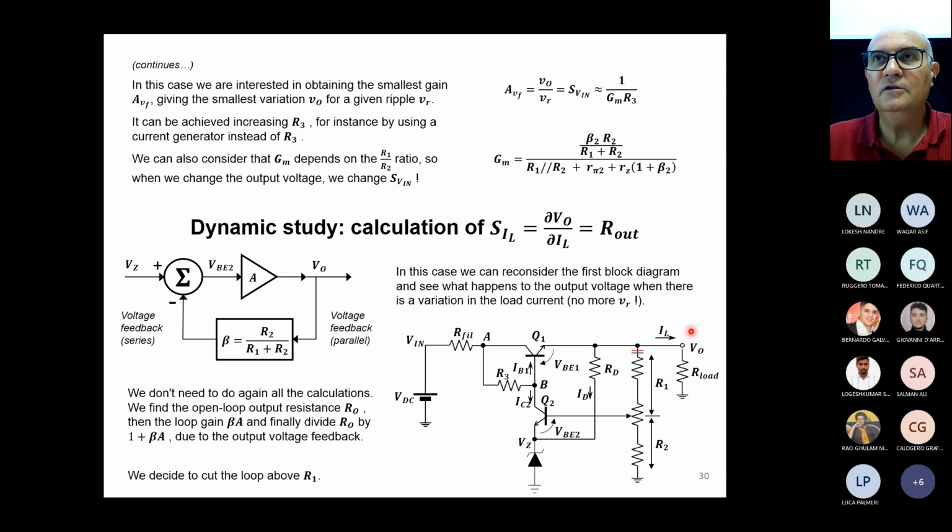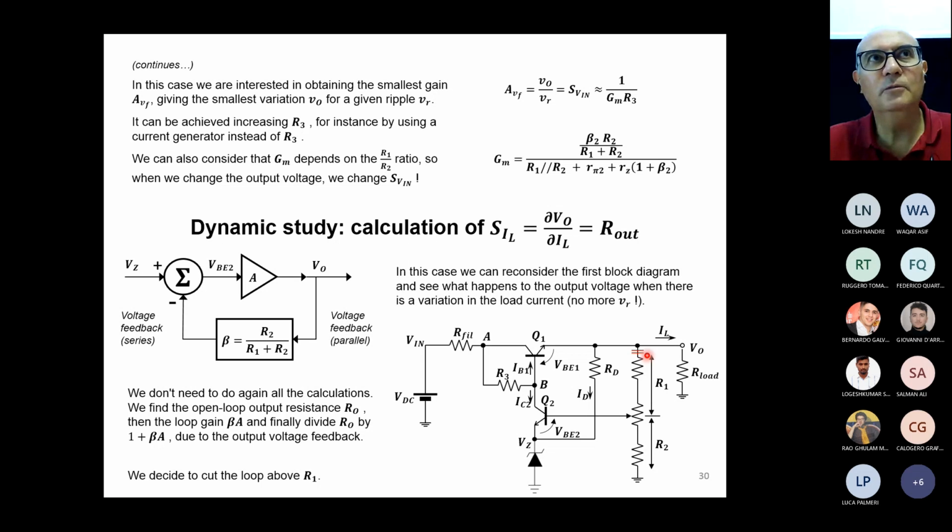The output voltage does not change a lot if we take or don't take current from here. So if I connect or disconnect this resistance, the output voltage is not going to change, except for the fact that I am opening the loop. But in absolute, the single gains are not changing. So this is a good point to open the loop.